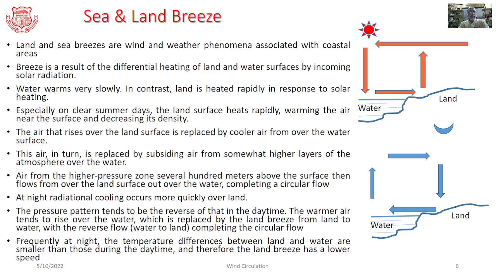We also know that water warms very slowly as compared to the mass of the land. So land gets heated rapidly in response to the heating. So especially during the daytime, or say in the clear summer days, the land mass gets heated rapidly, warming the air in the vicinity.